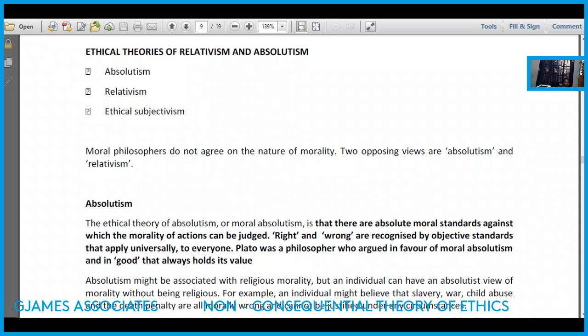So absolute ethics is one in which there are absolute moral standards against which the morality of an action should be judged. So under what category can we call this particular ethics? Put it in the comment.